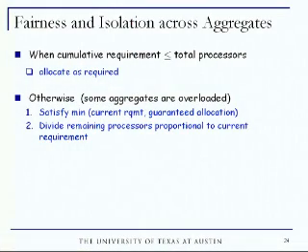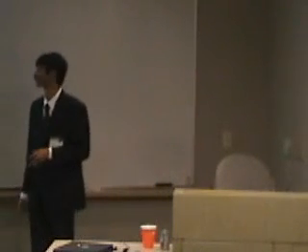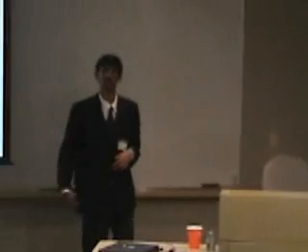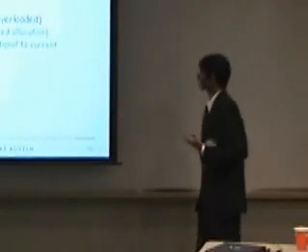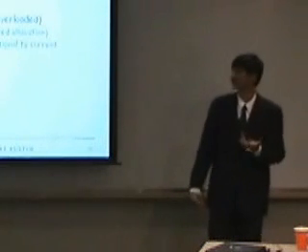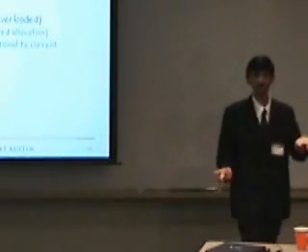So we have determined when to allocate and when to release for each aggregate. Now, what do we do across aggregates? We need to provide some kind of fairness and isolation across aggregates. Otherwise, an aggregate can have an unbounded requirement, thereby not giving any resources to the other aggregates. So we use a simple overload control policy here. When the cumulative requirement of the aggregates is less than or equal to the total number of processors, there is no problem.